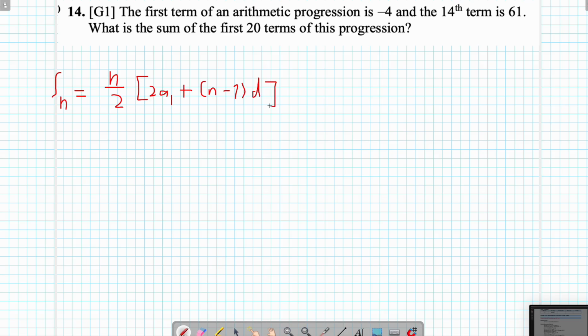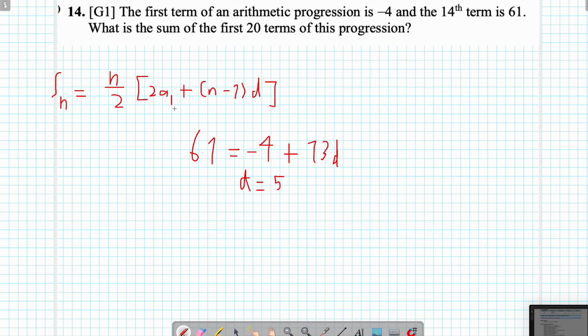So again, we're going to build a relation. The first term is negative 4, the 14th term is 61. So a14, which is 61, is equal to negative 4 plus 13d. You will get d is equal to 5. Good.